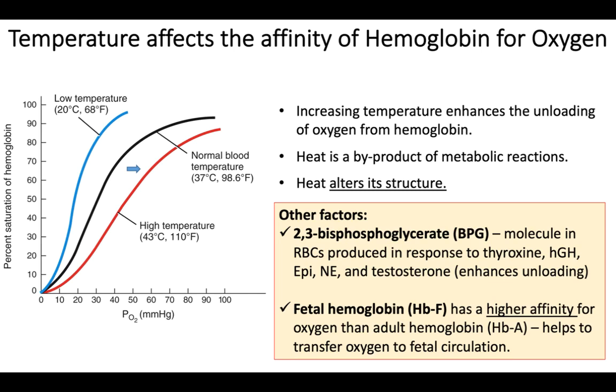So if you're ever asked, fetal hemoglobin has a higher affinity for oxygen than adult hemoglobin. Or, don't forget, I could ask you the reverse. Adult hemoglobin has a lower affinity than fetal hemoglobin. All right? And that's how we can transfer oxygen from the maternal blood, mom's blood, into fetal circulation.